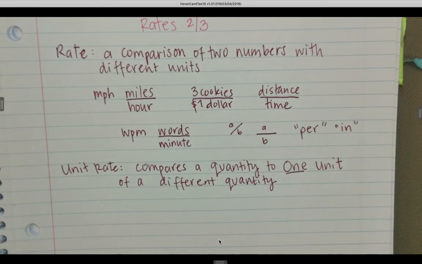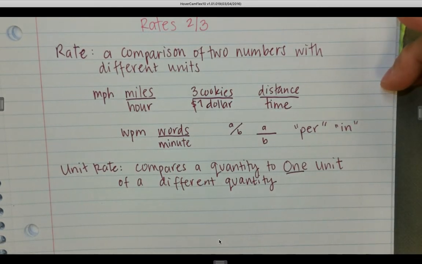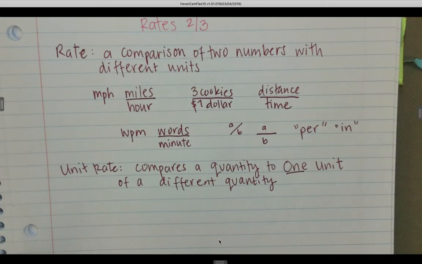So we use rates to figure out different quantities in time, different amounts, and again, all we're doing is using division and multiplication, much like we did with ratios.